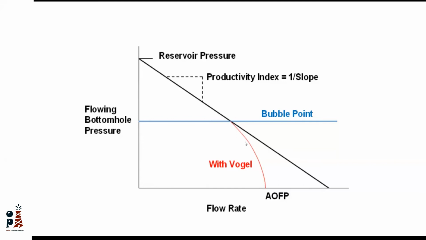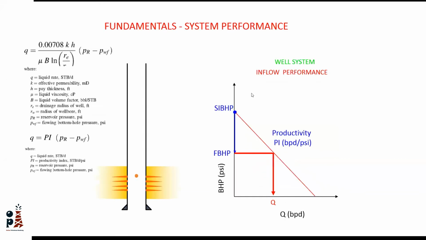The start of this deflection is called our bubble point pressure. So this is how we describe our reservoir performance.